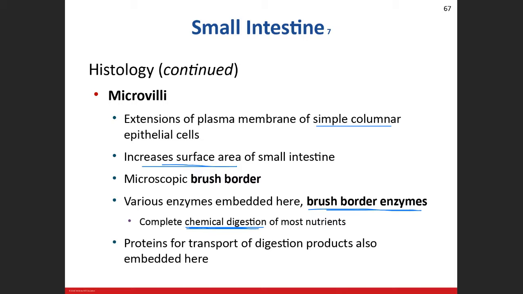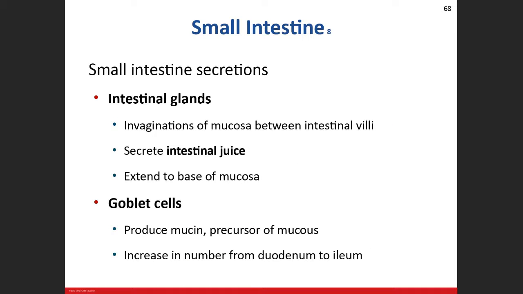And then eventually, we've got to get these macromolecules into the bloodstream. Well, this is where we're going to have these specialized proteins, which will help to move those products into the bloodstream so we can actually move them into our circulation.